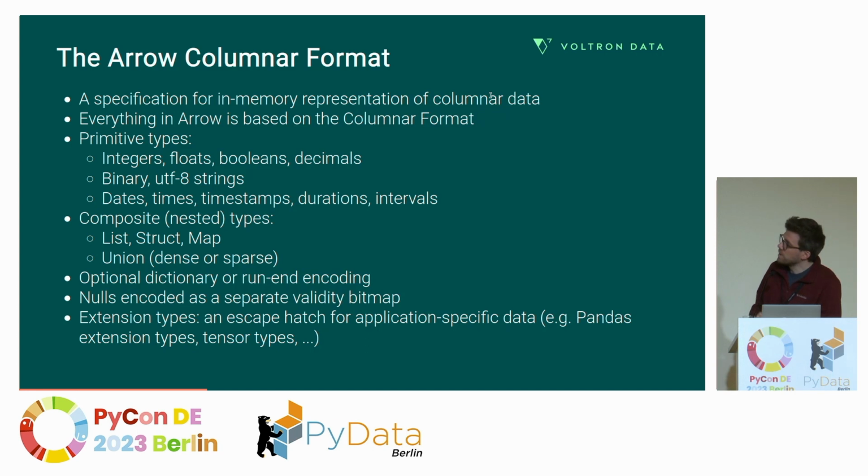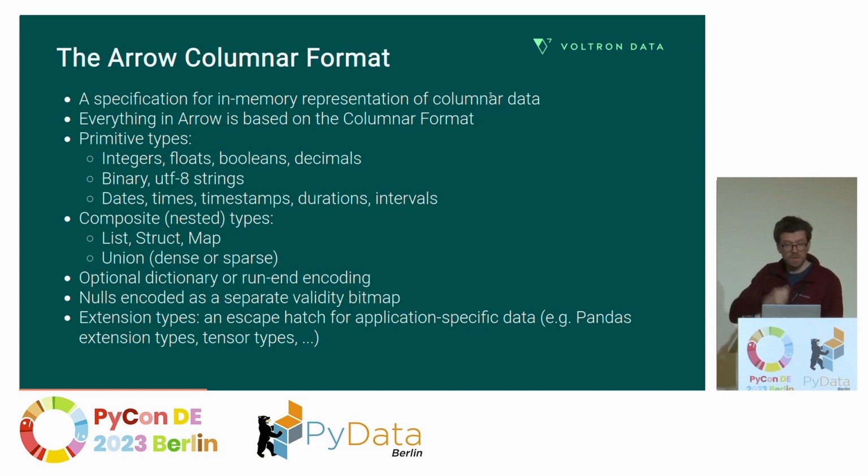A few more details about the format. It's as expected for a standard tabular data format. It supports a wide variety of types. In comparison to the more traditional array library types that we know in the Python world, for example NumPy, Arrow also supports variable length strings, or binary data, and nested types, for example, where every element in your column is a list or array or a struct.